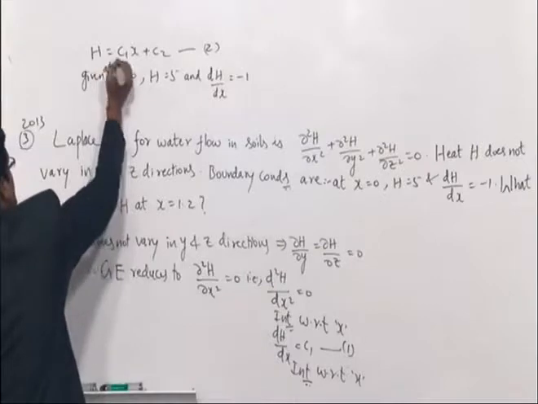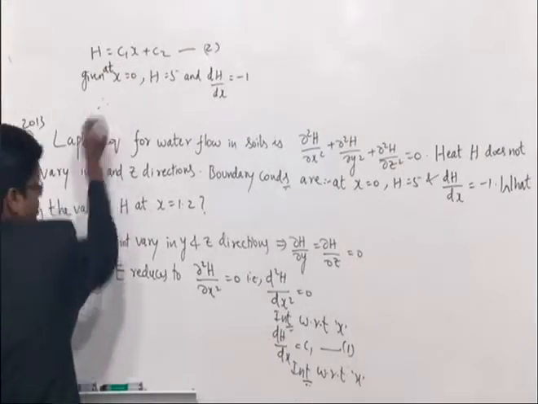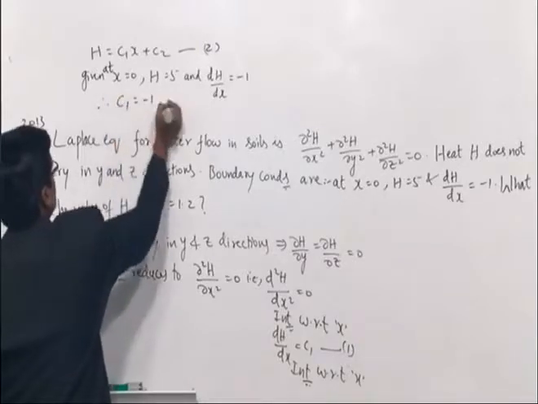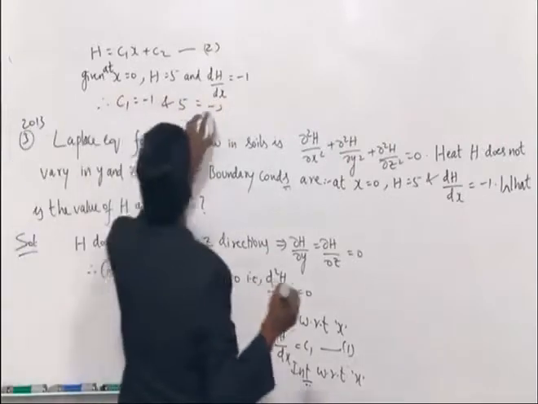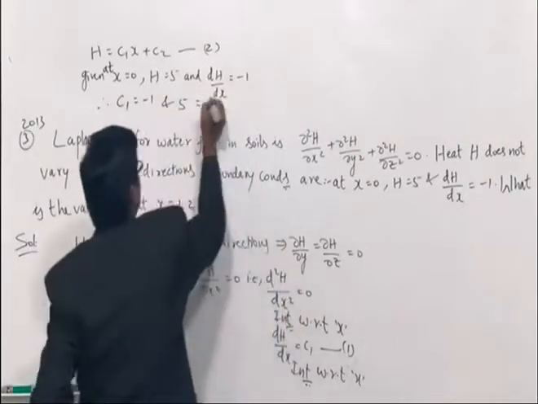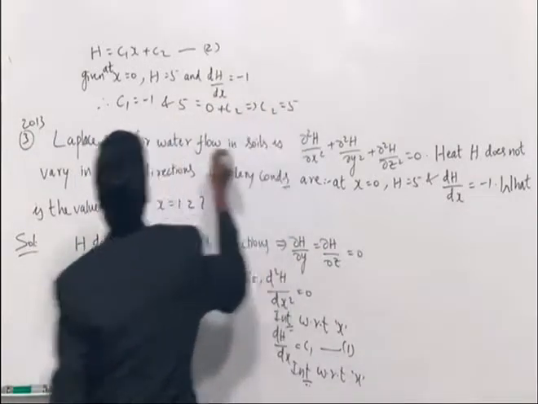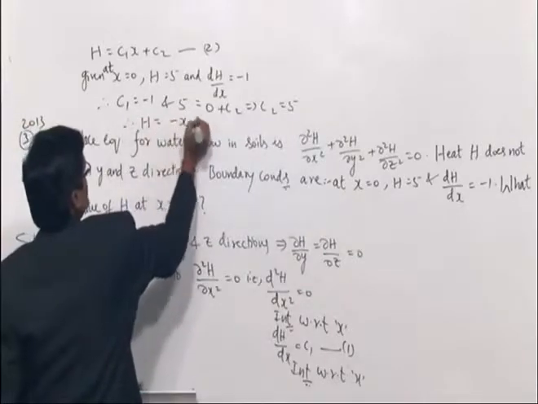So dh by dx gives C1 is equal to minus 1, and 5 is equal to minus 1 times 0 plus C2, which implies C2 is equal to 5. Therefore h is equal to minus x plus 5.